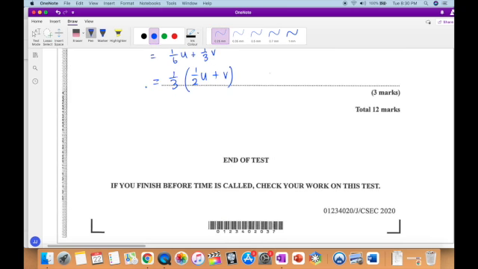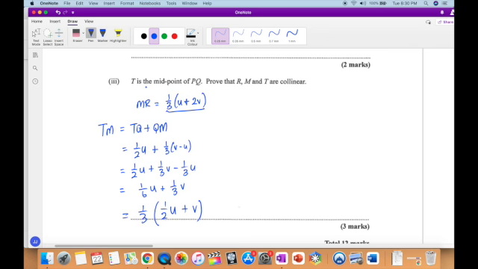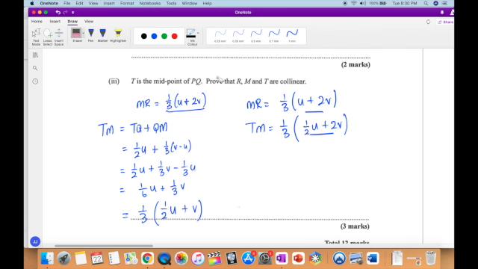So that means that if we look at the two of them, MR is 1/3 into u plus 2v, right? And now we have here TM, which is also a third, but the vector inside here is slightly different, plus v.